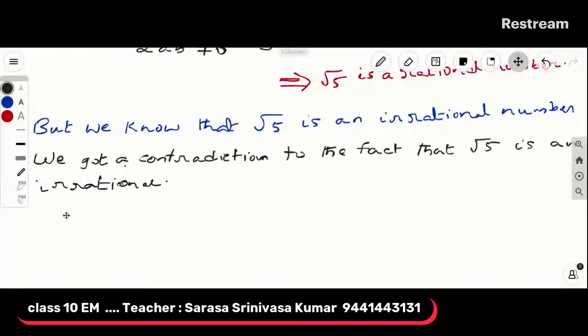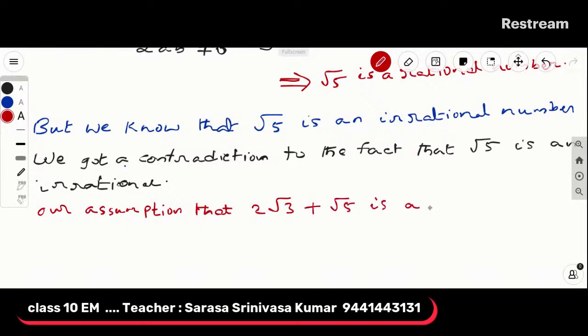So therefore our assumption that 2 square root of 3 plus square root of 5 is a rational number is wrong.